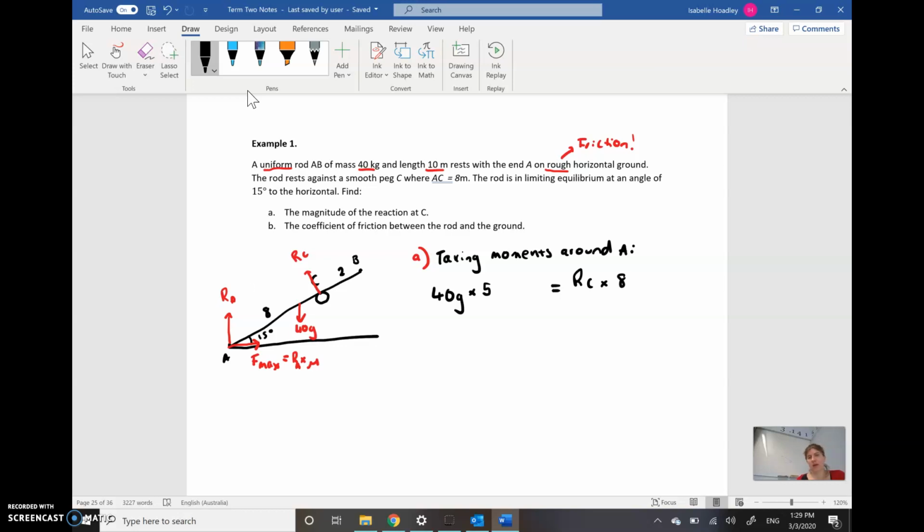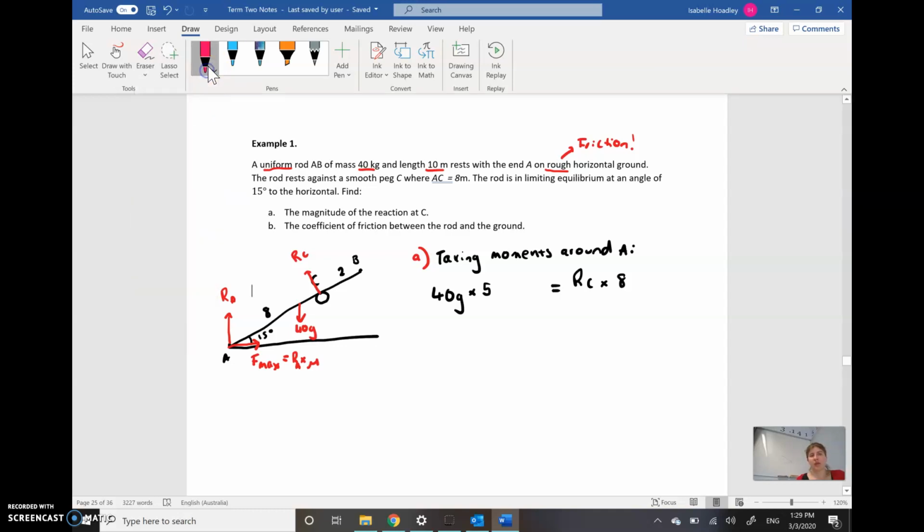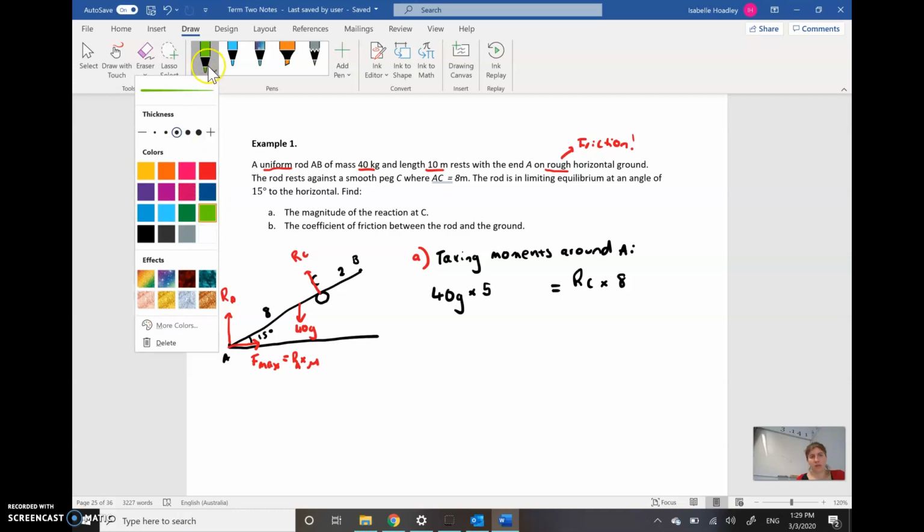Now those are the two forces. We're not 100% finished. We are actually finished on this side, but we're not finished on this side because when you're looking at moments, you're looking at the perpendicular distance. Sorry, I'm going to use green instead, something contrasting.